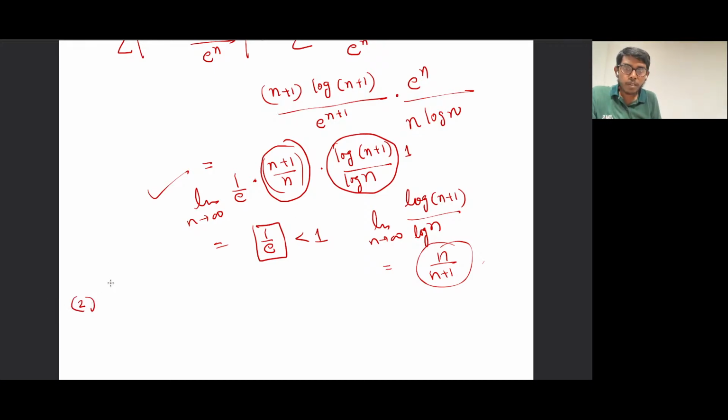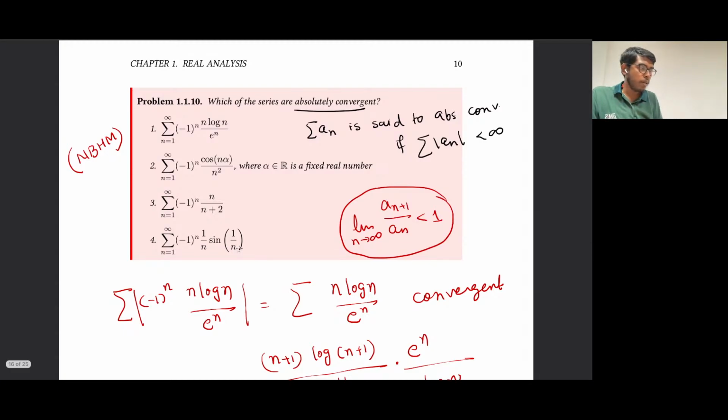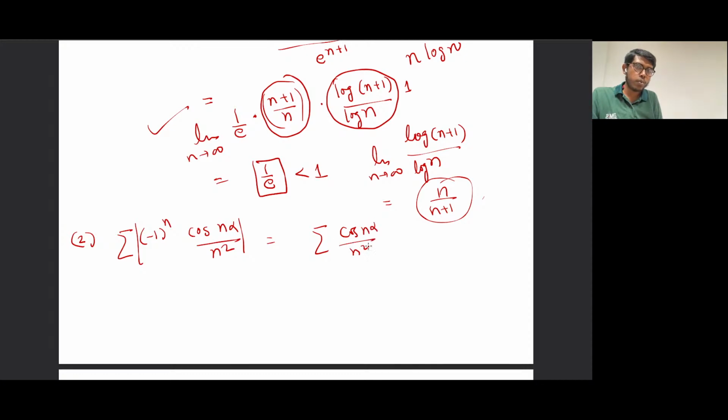What is the second option? Minus 1 to the n cosine n alpha by n square. If you consider the absolute value, this is cosine n alpha by n square.